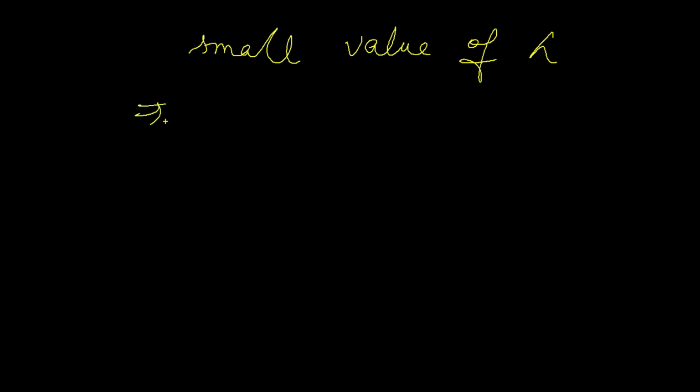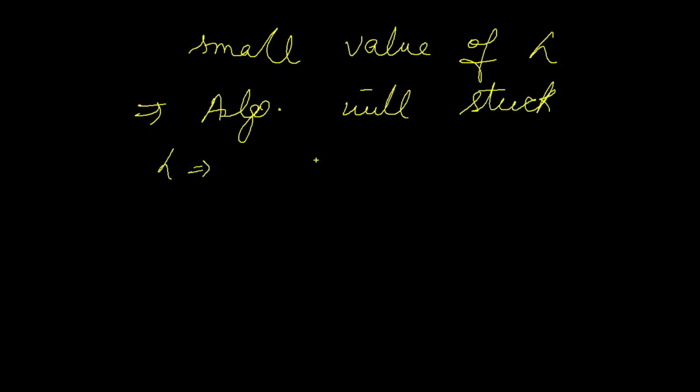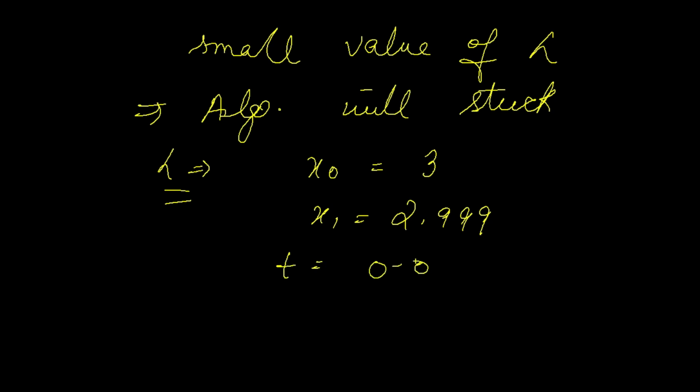Now another effect of having a small value of lambda, that is the learning rate, is that the algorithm will get stuck. Suppose we have some small value of lambda such that initially we take x naught as 3, and because of the small value we will get x1 as 2.999, and here the threshold value is set to be 0.01.